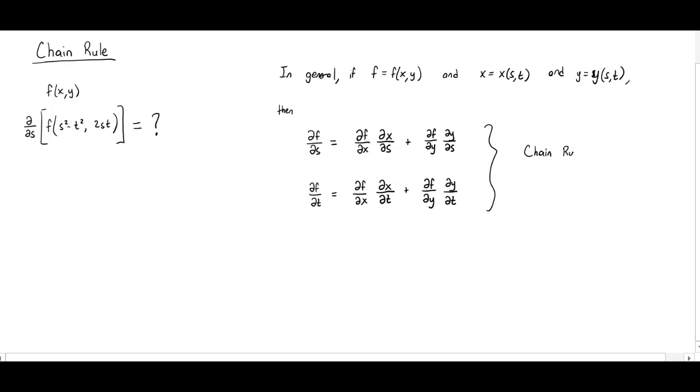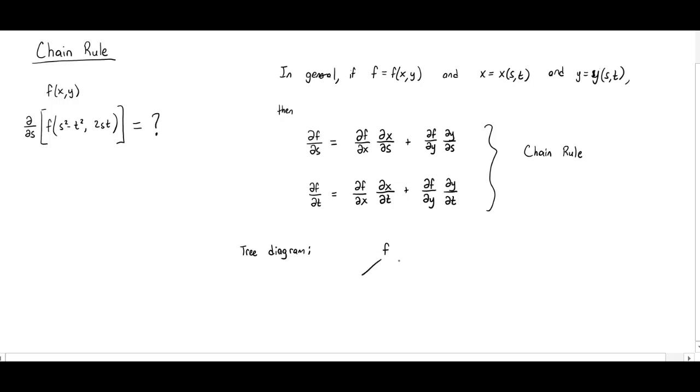And you guys have a device for memorizing how the chain rule works. You draw a tree diagram of sorts, is what I've seen, okay? So I'll just illustrate the tree diagram. I start with the function on top, so I'm going to write f on top.